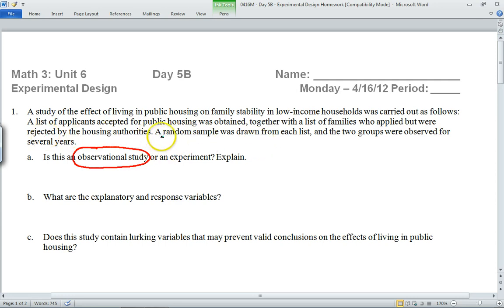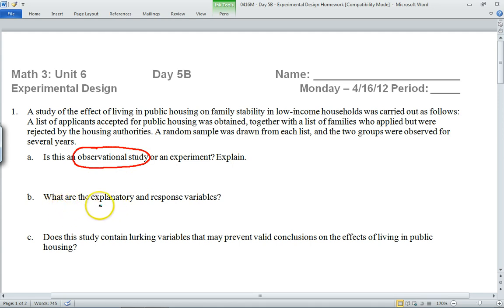That just was going on anyway. All the researcher did was look at the data from people who were living in public housing, and look at the lives of people who were rejected from public housing, and see how they turned out. So this is definitely an observational study.